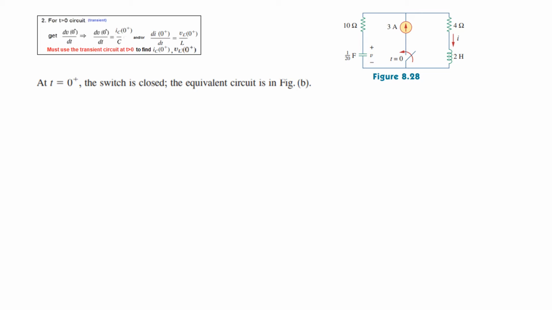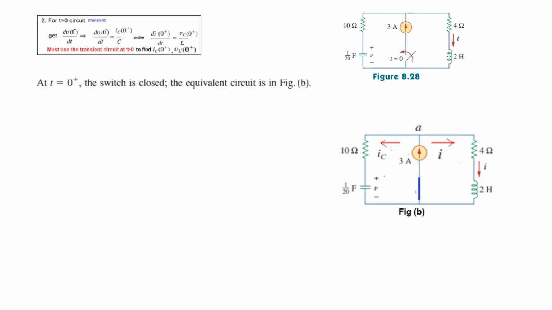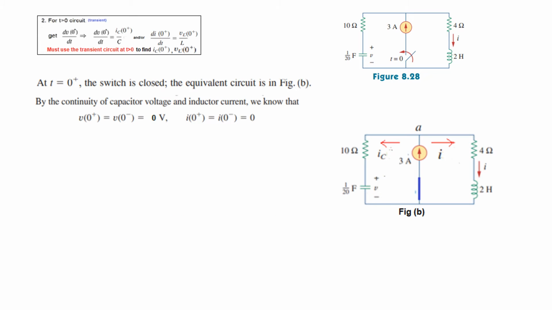At t equal to 0 plus, the switch is closed, and the equivalent circuit will be figure B. Now two things we have to keep in mind. By the continuity of capacitor voltage and inductor current, we have learned that the inductor current does not change instantaneously, and similarly the capacitor voltage does not change instantaneously.